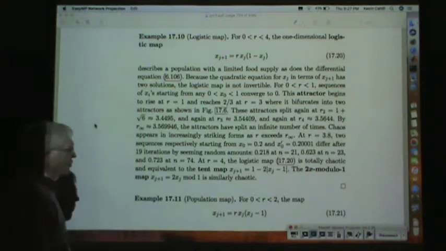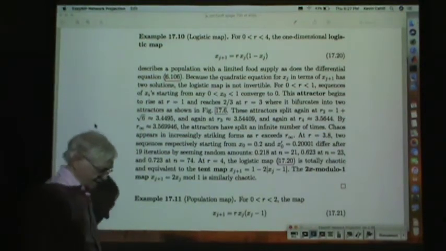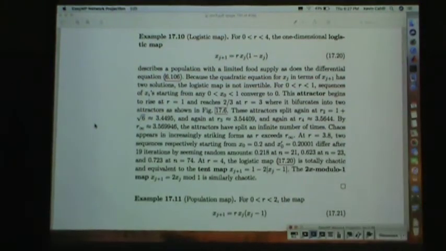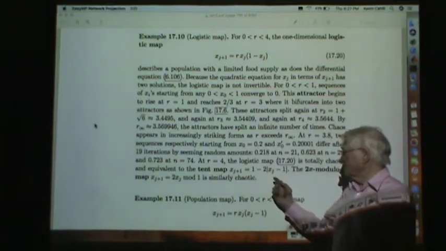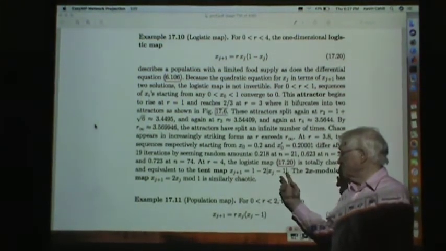At r equal to 4, the logistic map is totally chaotic. What totally chaotic means, I'm not quite sure, but intuitively it's obvious what that means. And then it's equivalent to the tent map, and the tent map is something very simple. It's x_{j+1} equals 1 minus 2 times x_j minus 1.